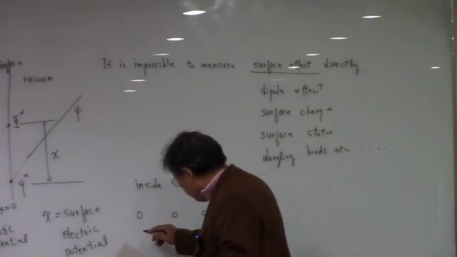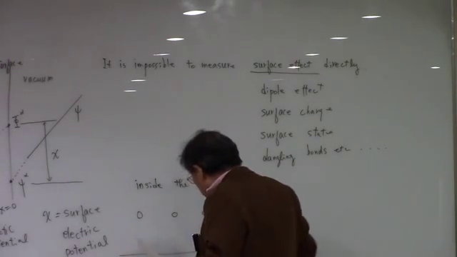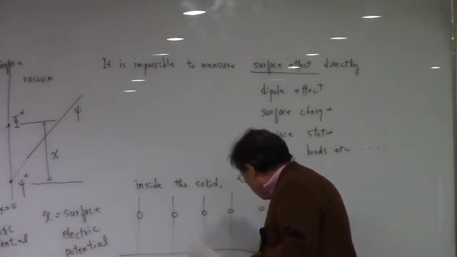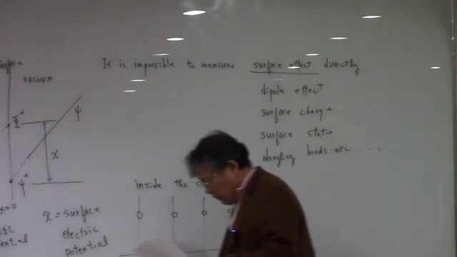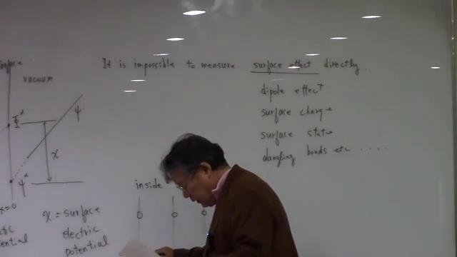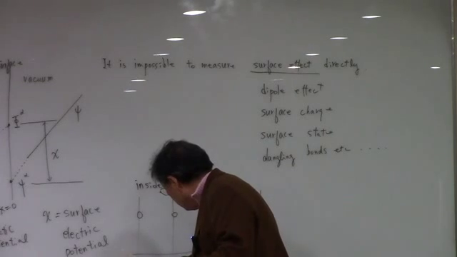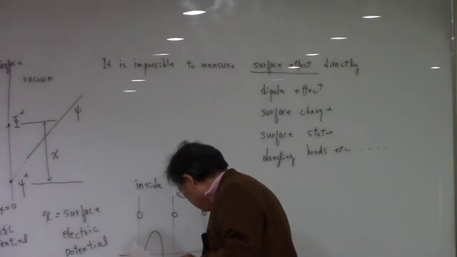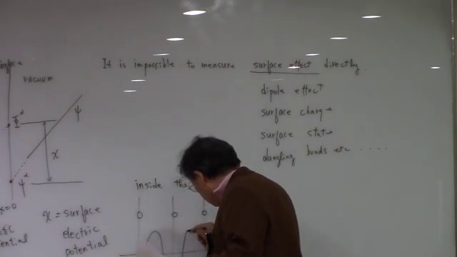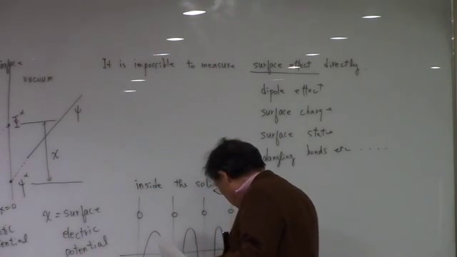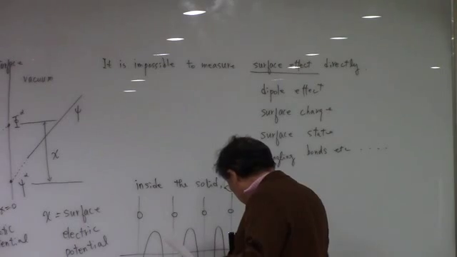Then we see the potential is going to be periodic, such that it should go something like this, right?